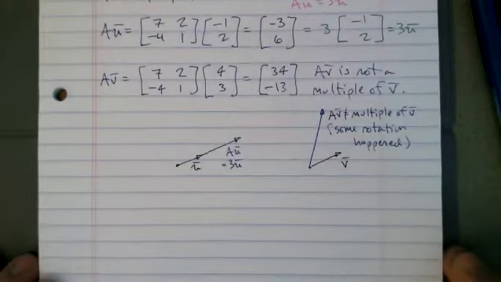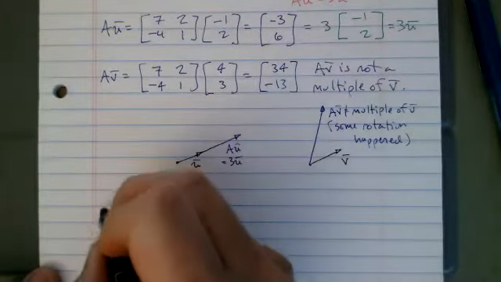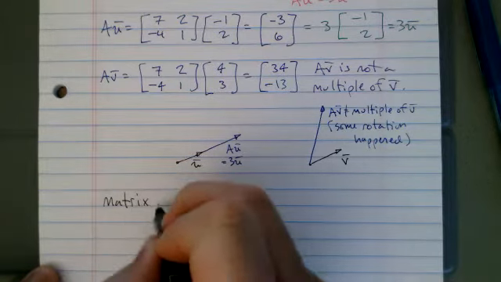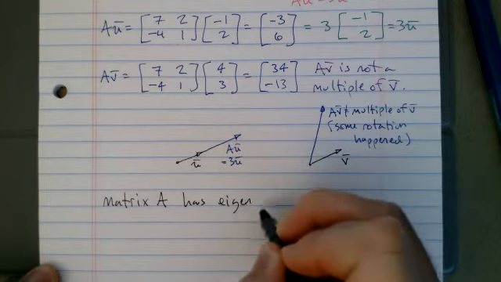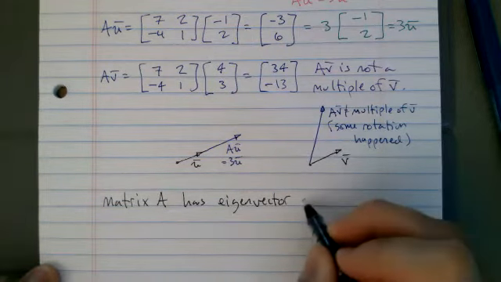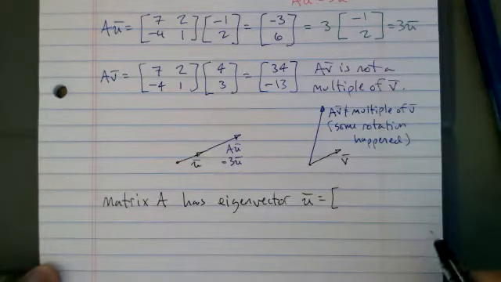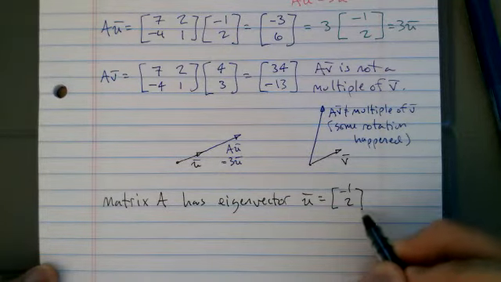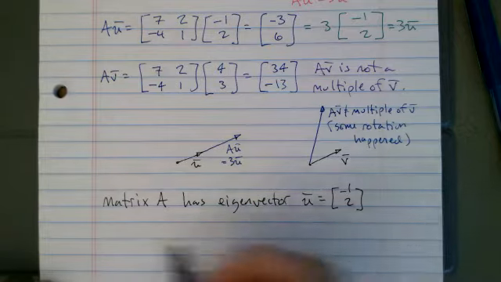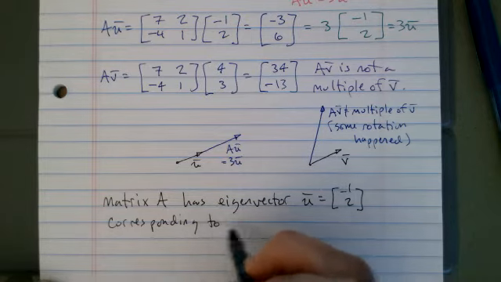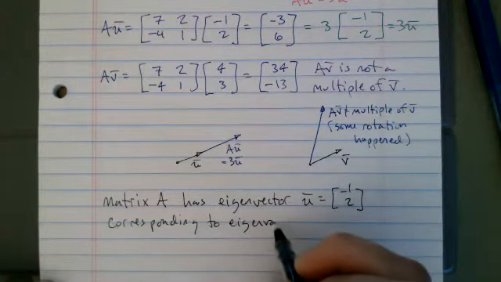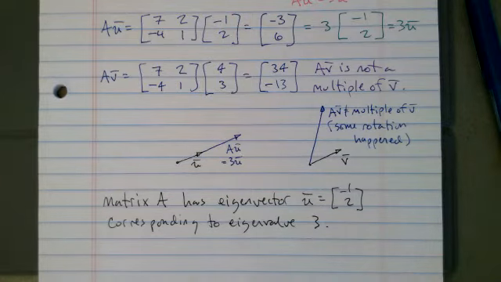So in this case, we say matrix A has an eigenvector U, -1, 2, that corresponds to eigenvalue 3.